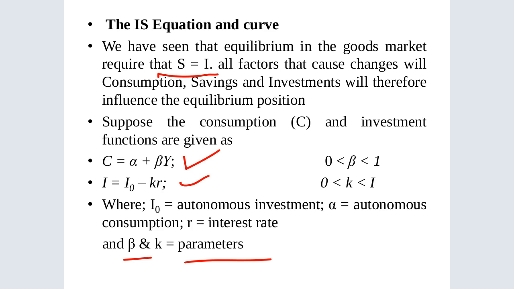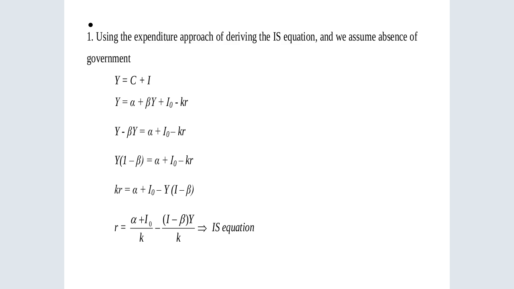From this, we can proceed and derive the IS equation. We know from the expenditure approach that income is given as consumption plus investment.